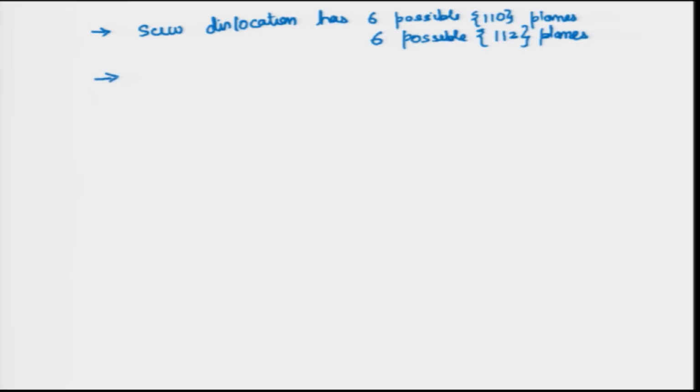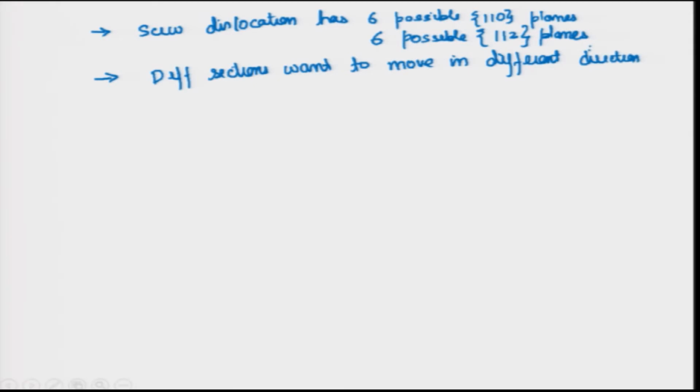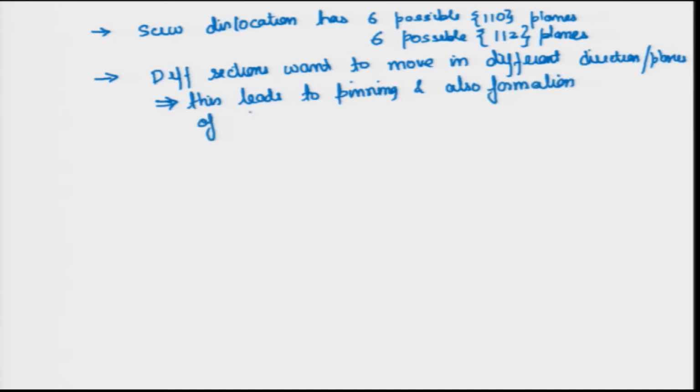Because of this, different sections want to move on to different directions, different planes, basically which plane to select, and this leads to, you can say, pinning and also formation of prismatic loops, which we will show in a moment.